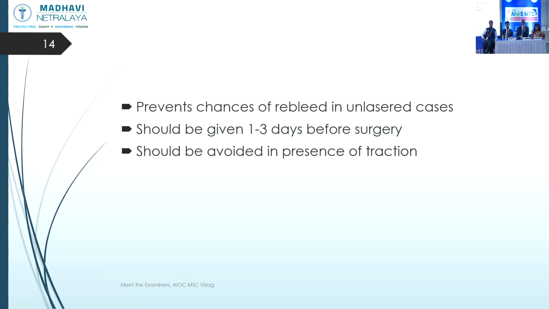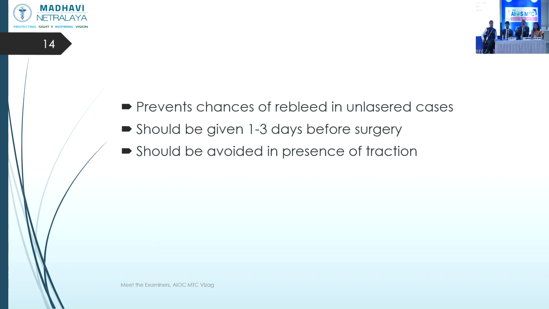The basic thing here is how many anti-VEGF injections you are going to give to a patient. Any patient, maybe rich or poor, will come to know how many injections you are going to give. I have seen a patient who has received more than 30 injections.